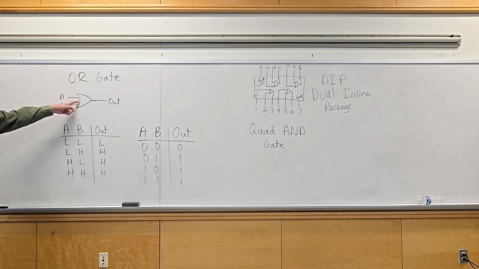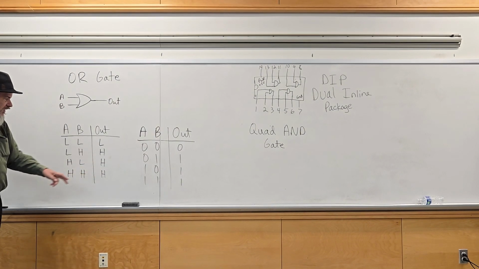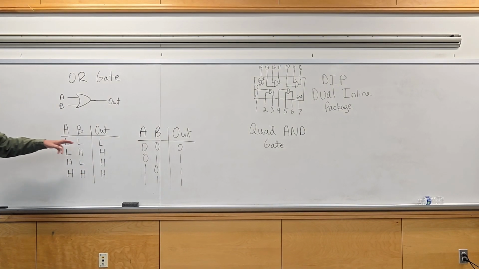It's curved on the input side and kind of an arrow pointing toward the output. Again, the operation is an OR, so if either input is high, then the output is high. If they're both low, then the output is low.